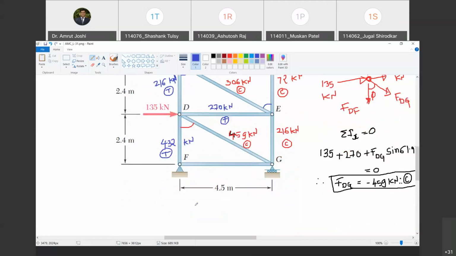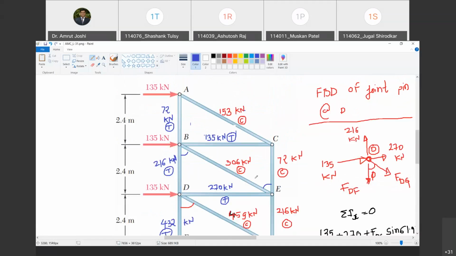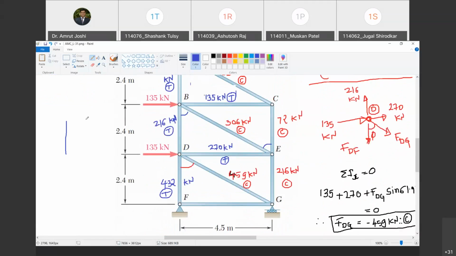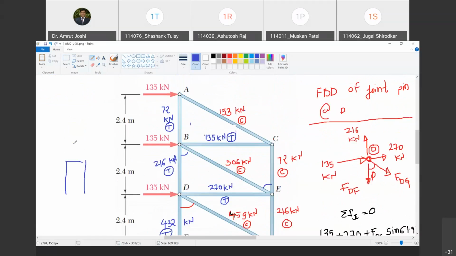So VF we had shown like this. And that upward is minus 432. That means this reaction is downward. Do you agree with me? Yes, sir. And which was obvious. Just look, these are all lateral loads. So therefore, this truss, if I draw it in its skeletal form, how is it going to bend under this loading?